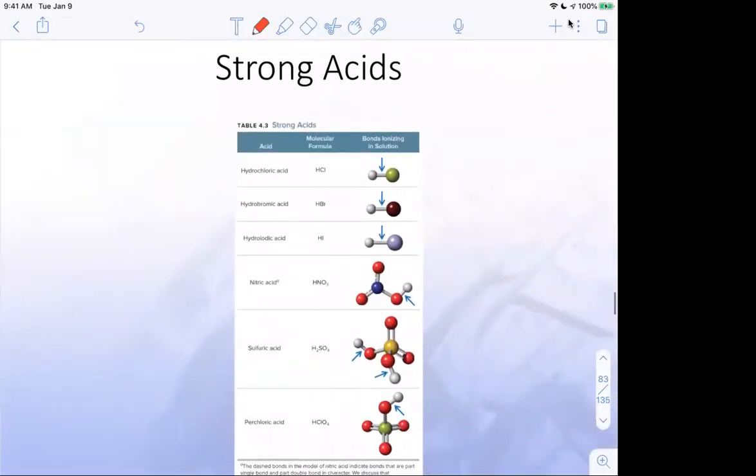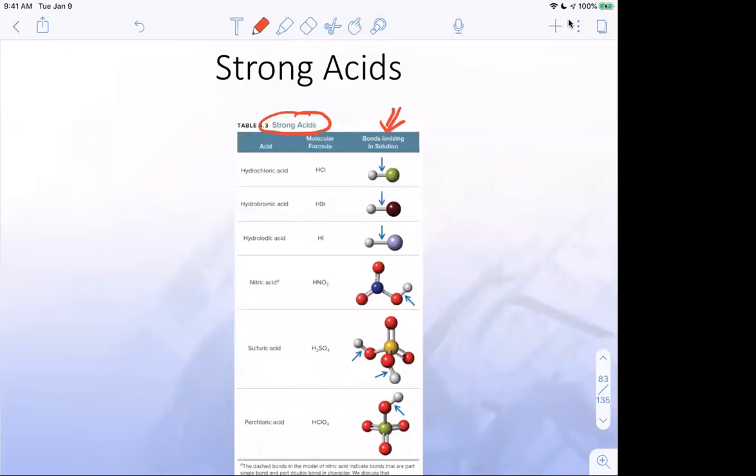Here's another example. These are the strong acids that we've been describing. Now I have this sort of molecular model take, but again, you need to memorize these strong acids if you have to, because if I'm not strong, I'm weak, right?